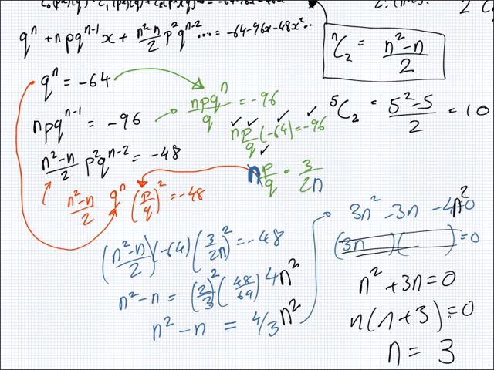Someone see my sign mistake? Somewhere there. Minus 96, minus 96. Minus 96, minus 64.